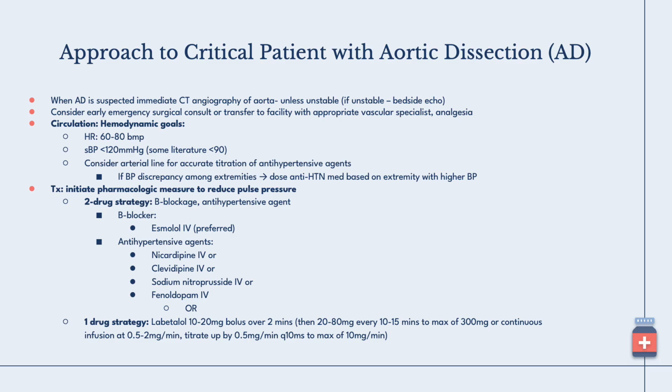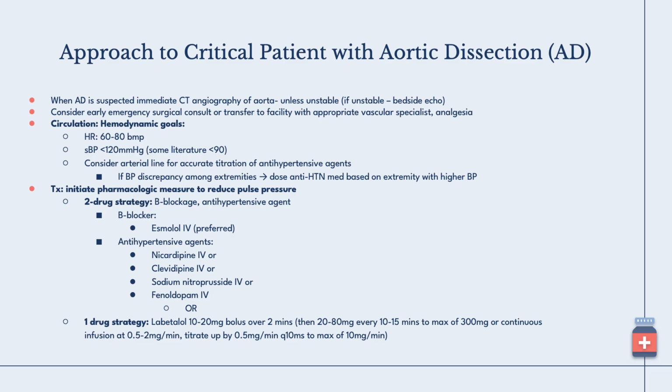Treatment, initial drug measures really to reduce the pulse pressure. So we're targeting with two drugs here: a beta blocker and an antihypertensive medication. If it's a one-drug strategy, labetalol, giving a bolus and then a continuous infusion.